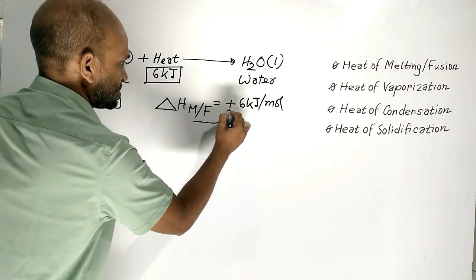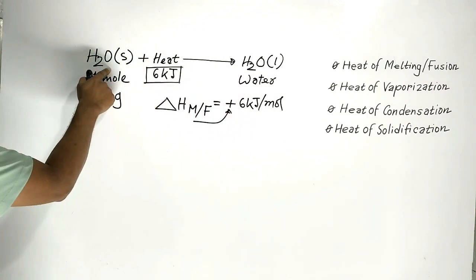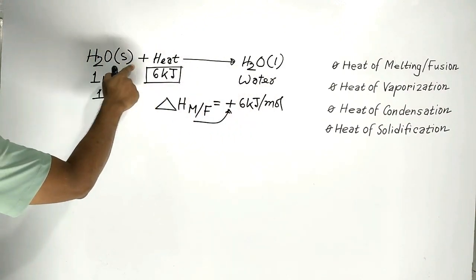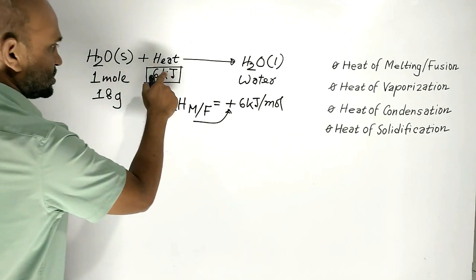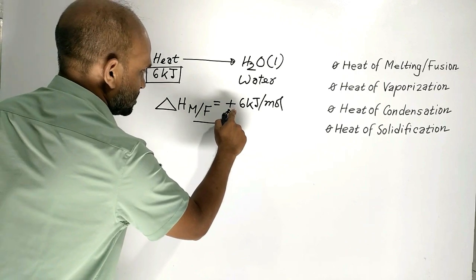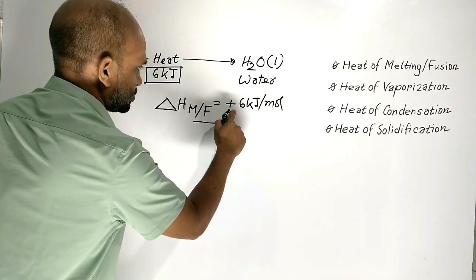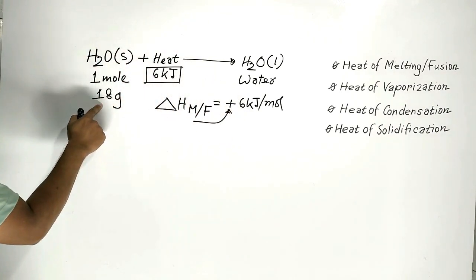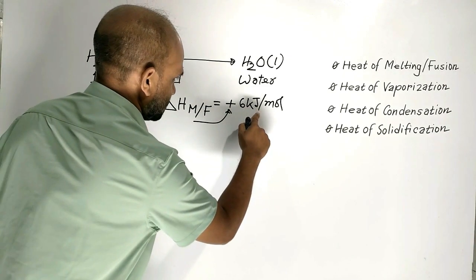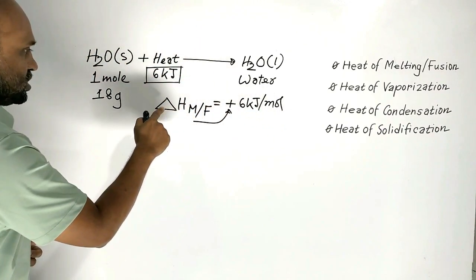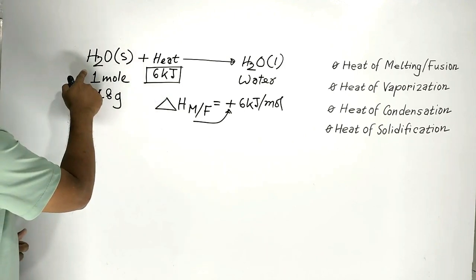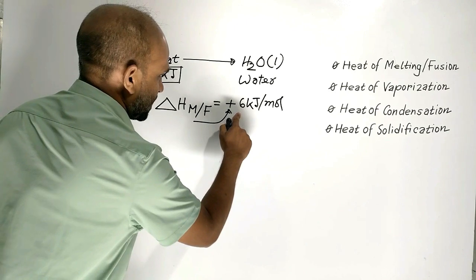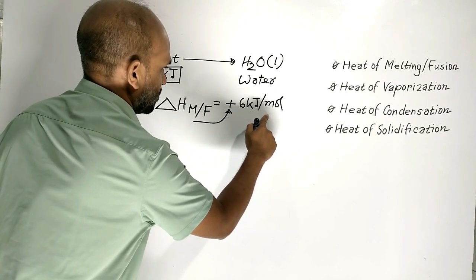Why plus? This process is a kind of endothermic process. This reaction receives energy. That is why this positive sign is used, and this is applicable for 1 mole substance. For this reason, per mole. So, heat of melting or heat of fusion for H2O is plus 6 kilojoule per mole.